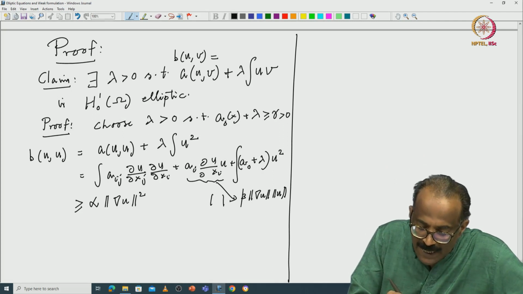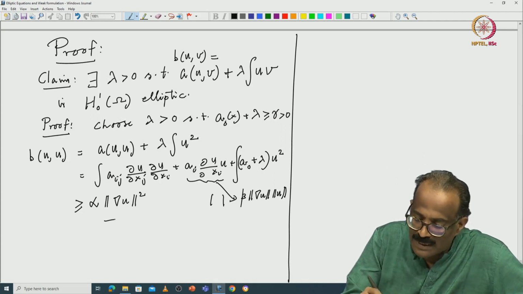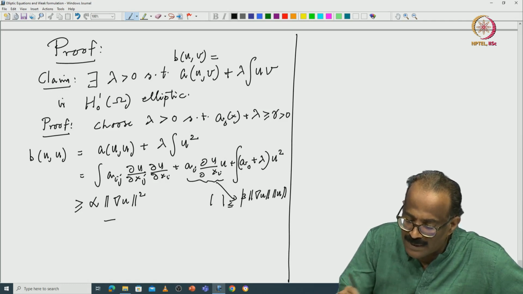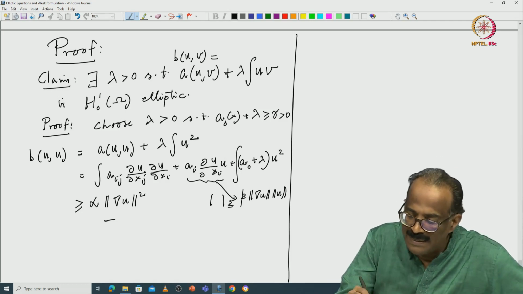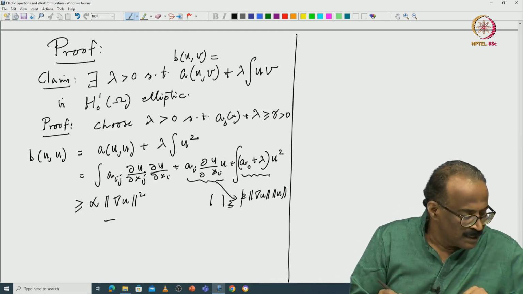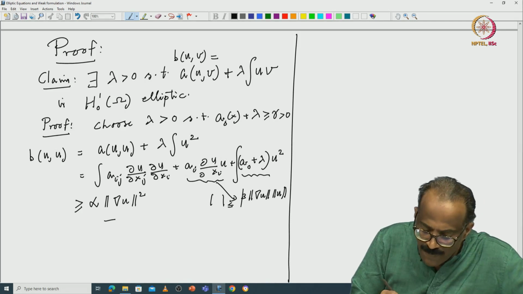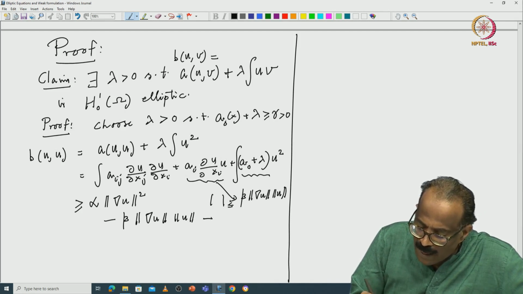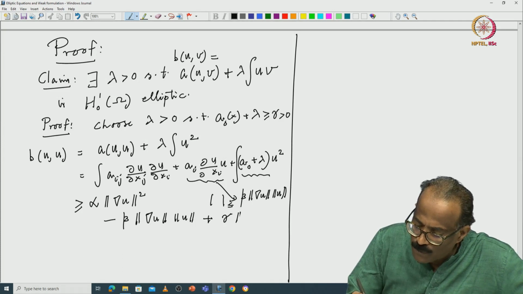So, I can put a negative of that, and this is greater than or equal to gamma. That gives you minus beta norm of grad u norm of u plus gamma norm u square.